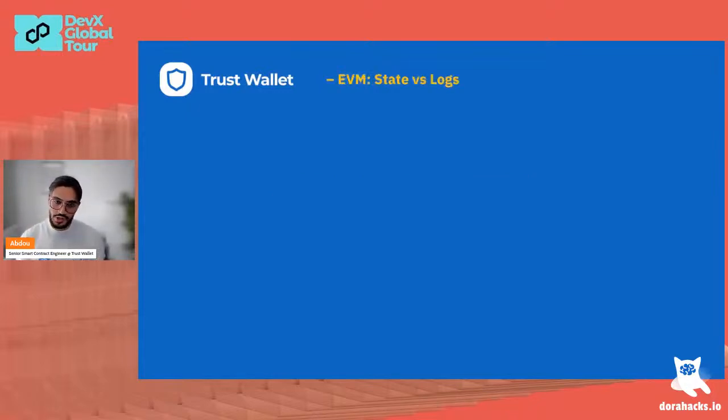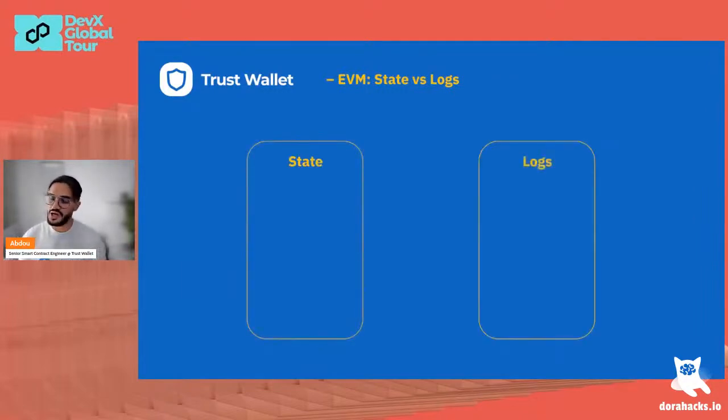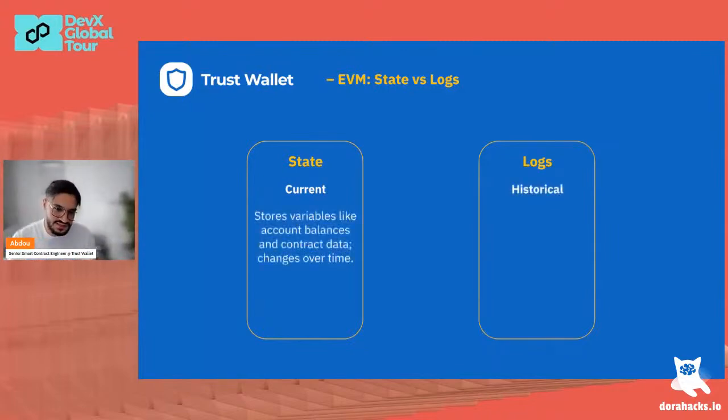So now let's go to EVM. EVM at its core has two types of data. One is called the state, and the other one is logs. You can imagine the state as the current state of the blockchain or the ledger, and logs are more historical. What does it mean?